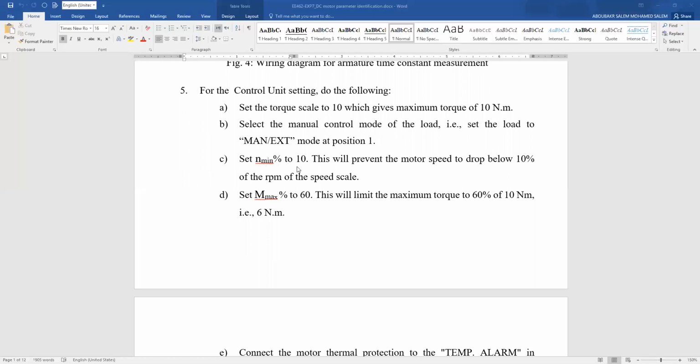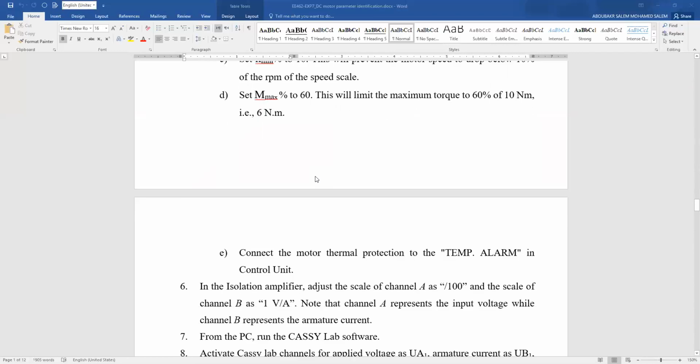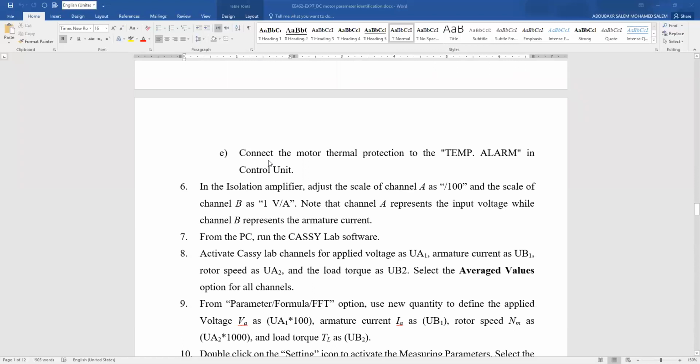And we will set n minimum to be 10% of the machine defined speed, and this is to prevent the motor speed from dropping below 10% of the RPM of the scale defined in the torque control unit. And we will set M max to 60%, which is the maximum allowable torque of the 10 Newton meter. So the torque here will be maximum 6 Newton meters. And don't forget to connect the thermal protection terminals.